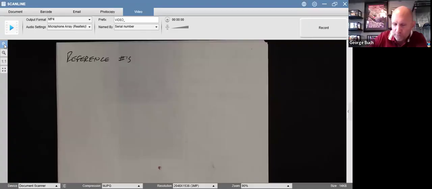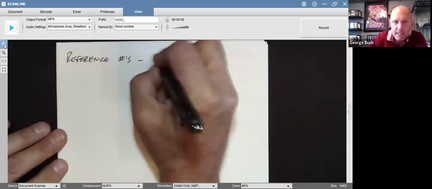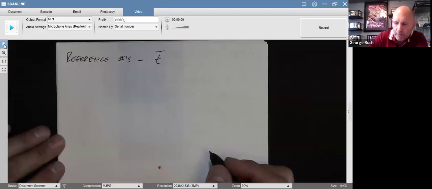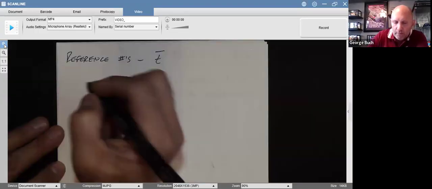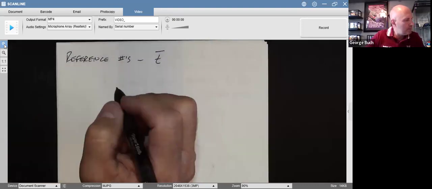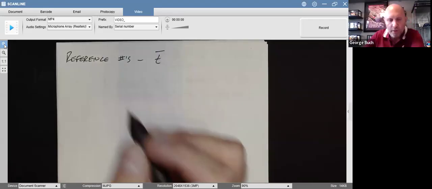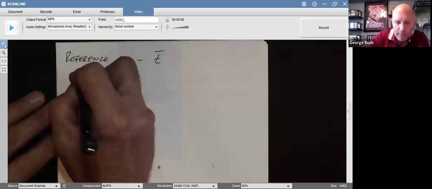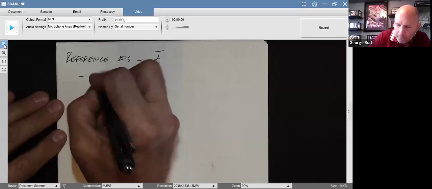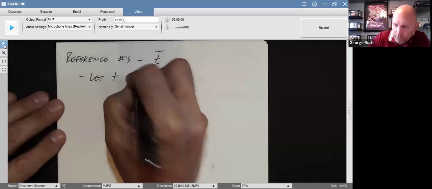So reference numbers. This has the notation T bar. It has the following definition. Let T be a real number again.